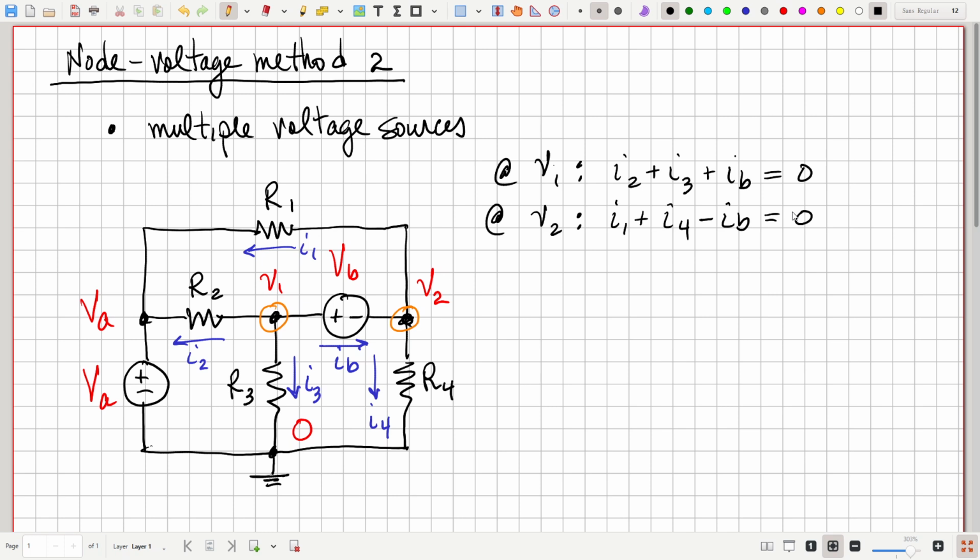All right, that's just in terms of the currents, but of course we need to write those currents in terms of the node voltages. So we can do that by here for I1. That's 1 over R1, which we call G1, the conductance, times the voltage drop, V2 minus VA. I2 is going to be G2, 1 over R2, times the voltage drop, V1 minus VA.